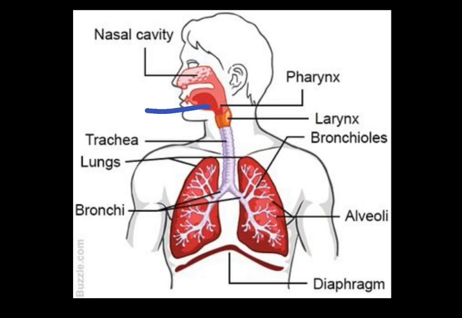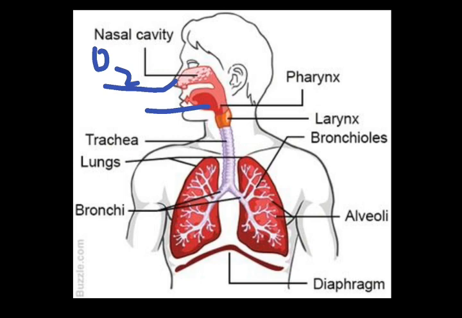Now in this case we are taking oxygen, so we take oxygen through our nostrils. These two holes which we have in our nose are the nostrils. Oxygen will go inside through these nostrils to the nasal cavity.